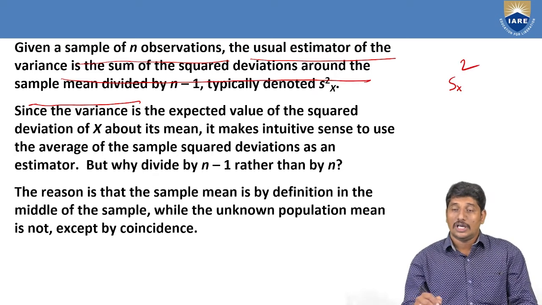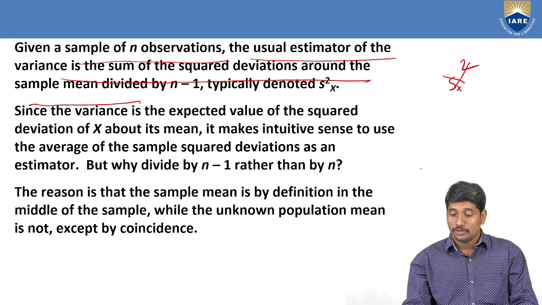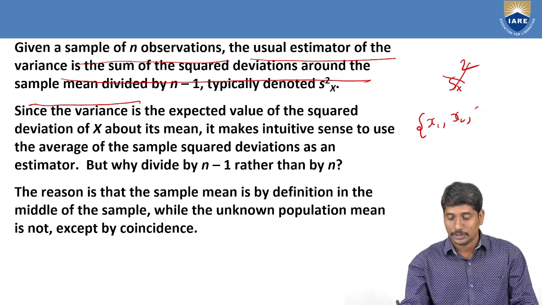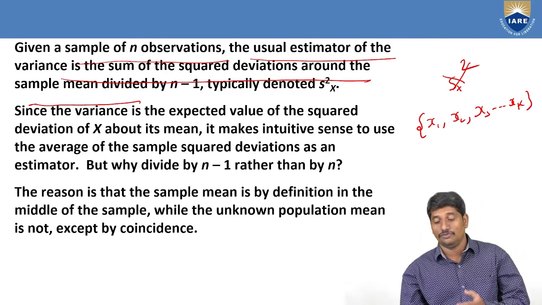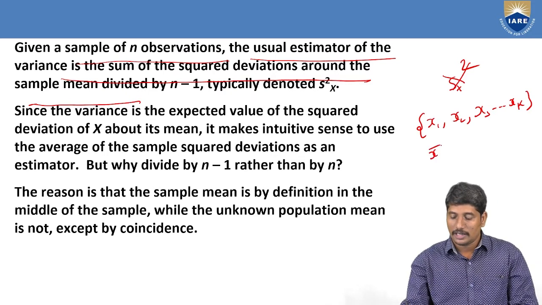That means there are two sample variances. Of course, I'll use another notation instead of this. So suppose we have data x1, x2, x3, and so on, up to xk. Let us assume this is the data set we have, with k observations. Then we can calculate x bar as the sum of all observations divided by the number of observations.